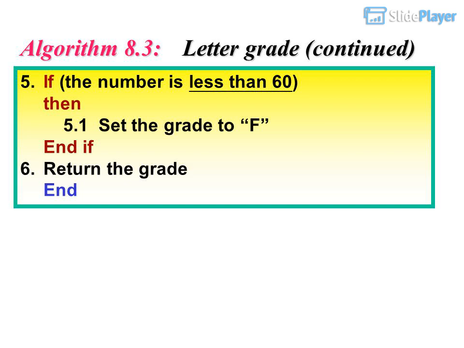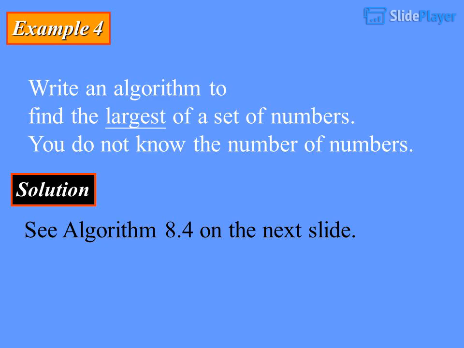Algorithm 8.3, letter grade, continued. 5. If the number is less than 60, then 5.1 set the grade to F. End if. 6. Return the grade.